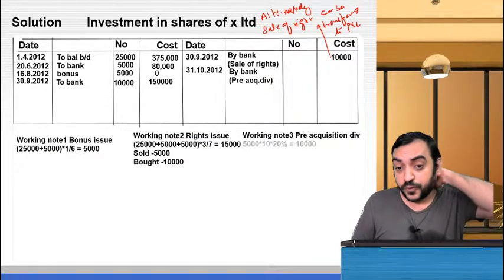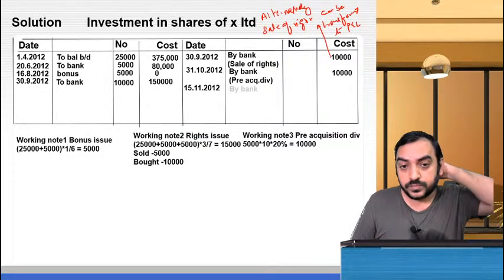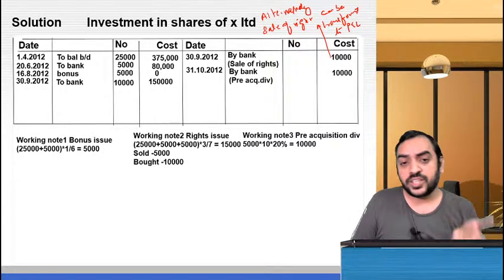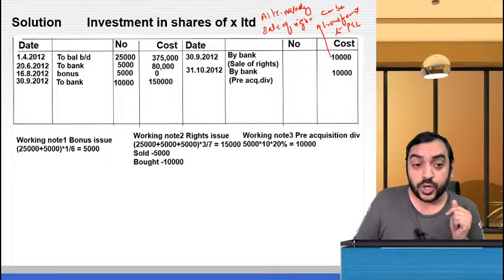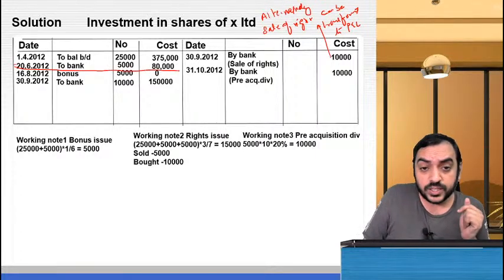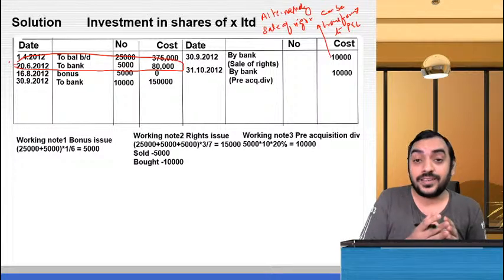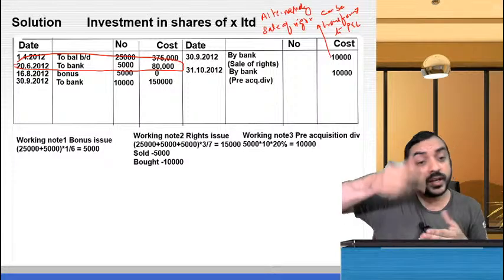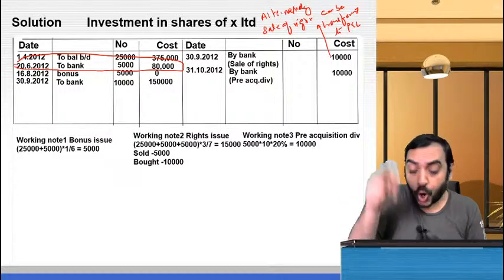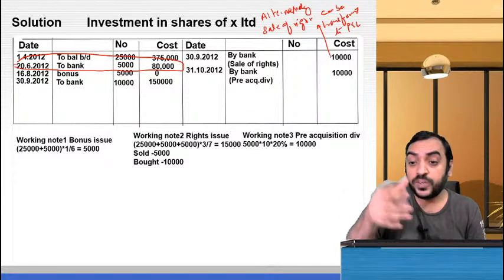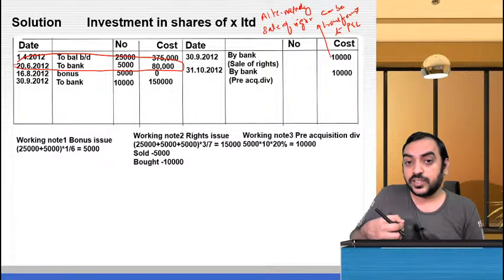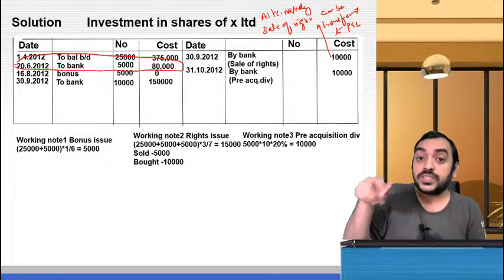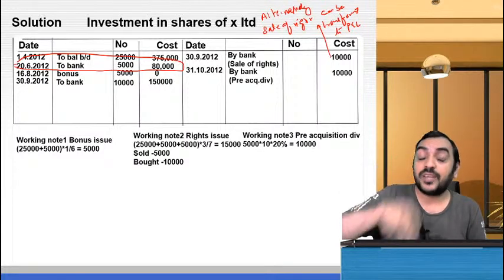You received the dividend for however many shares. But on these 5,000 shares, which you acquired on 20th of June, when you made the payment of cost, the seller would have included the dividend amount when selling it to you. Therefore, these 5,000 shares, which you acquired in the current year and which were held by somebody else in the previous year, include an element of profit, an element of dividend.